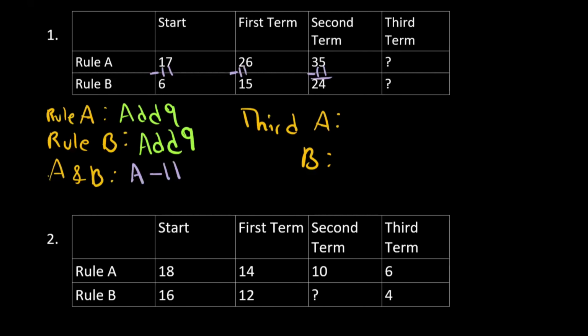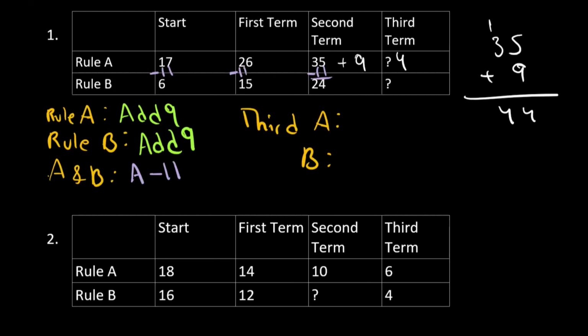Now let's find the answer for third term A and then B. So let's look back at our rules. So for rule A, add 9. So 35 plus 9. 9 plus 5 would be 14. 3 plus 1 is 4.